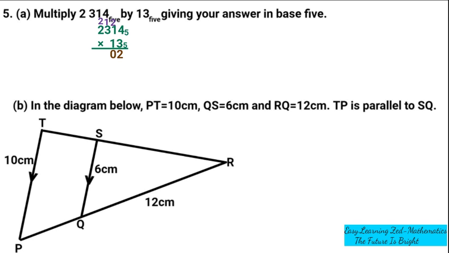Then I'm going to multiply 3 by 2, which gives me 6, plus 2, which is 8. How many times can 5 go into 8? It's 1. Now there is no other number, as that 2 was the last number. So I'm just going to identify how many times it can go. It's 1, then remainder 3.